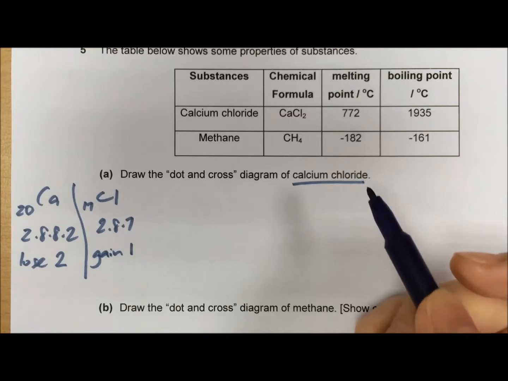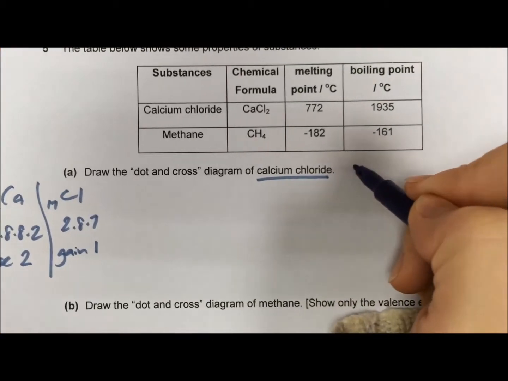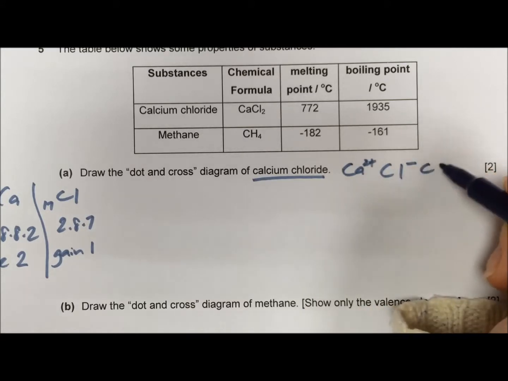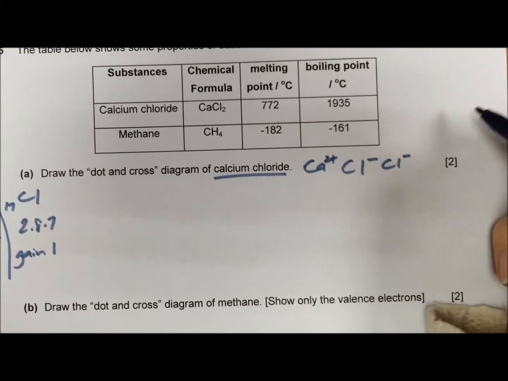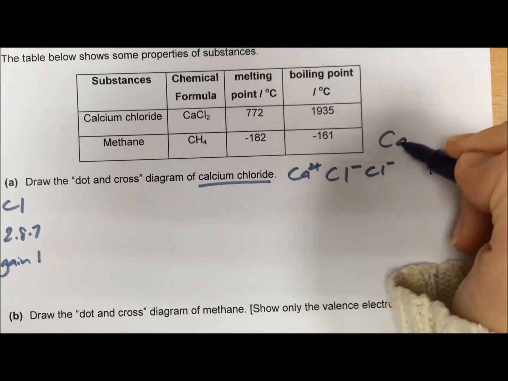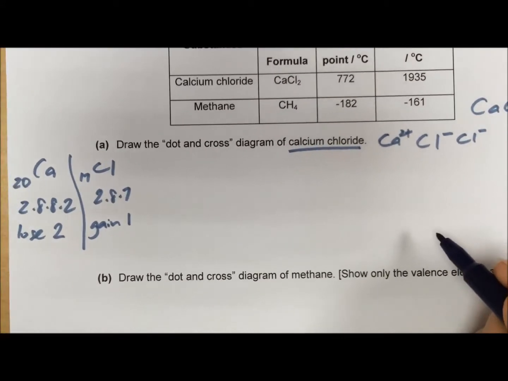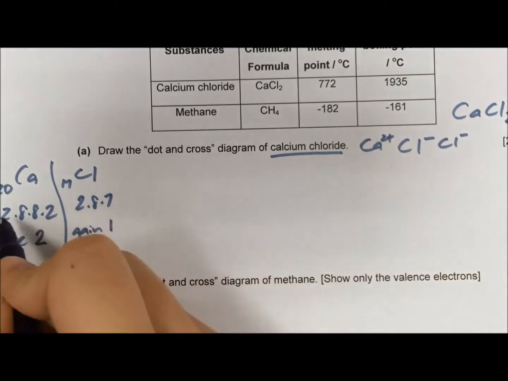So let's check also at the chemical formula. How many calcium and how many chlorine must we draw? So if calcium is 2+, Cl, we need 2 Cl for the charges to be balanced. That means we are actually drawing 1 calcium and 2 chloride ions.